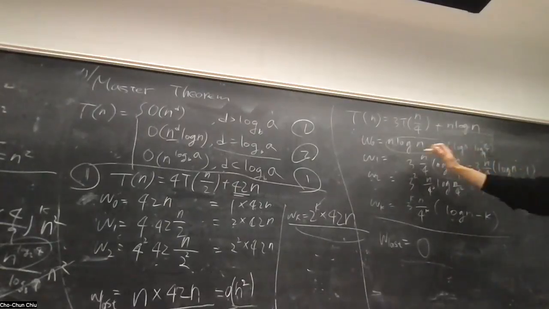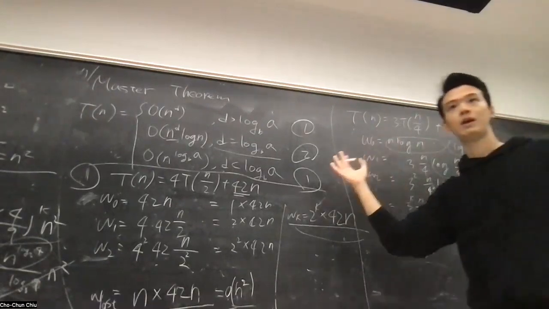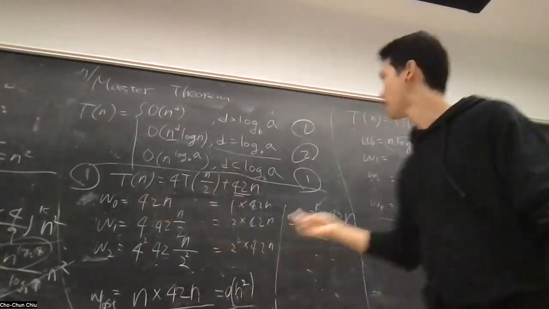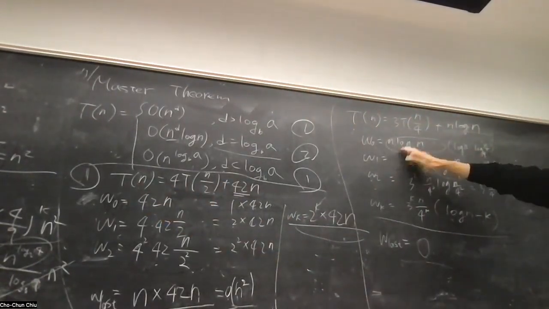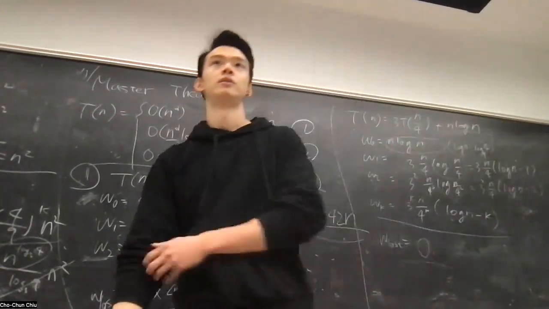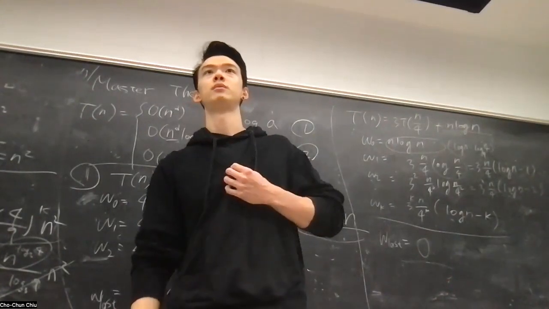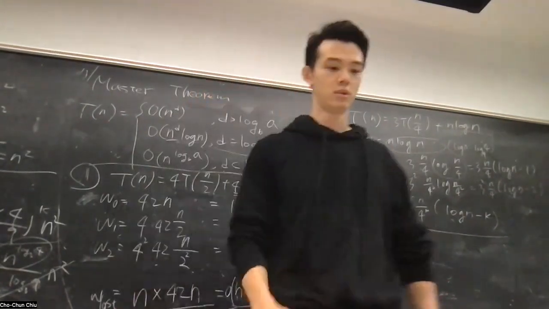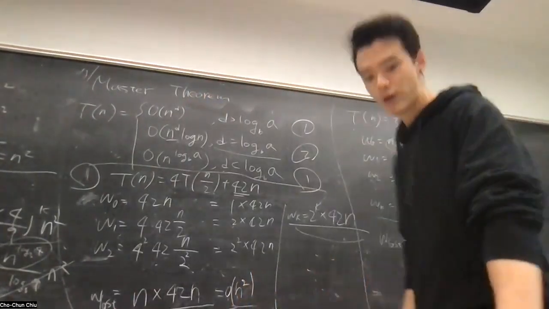So you just need to care about the root. You pay attention on the root. That's it, right? So that's the time complexity, n log n. Make sense? Questions? No. Okay.